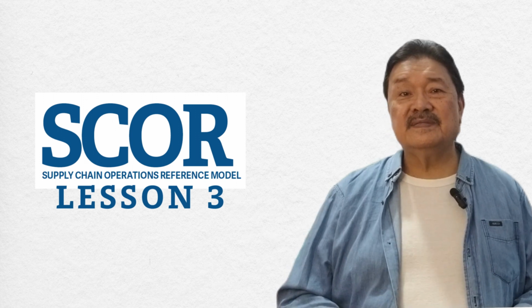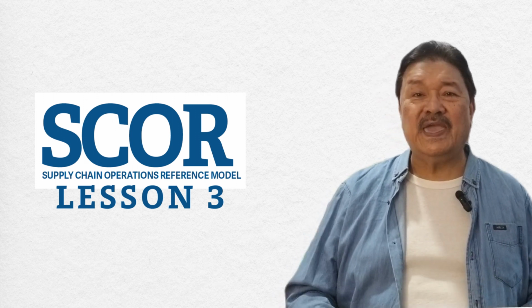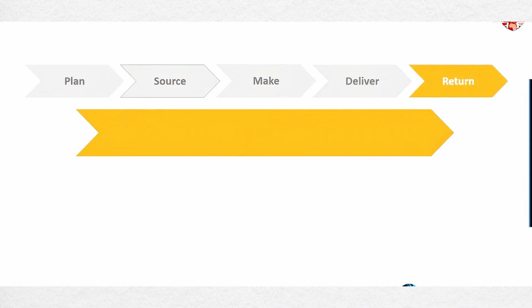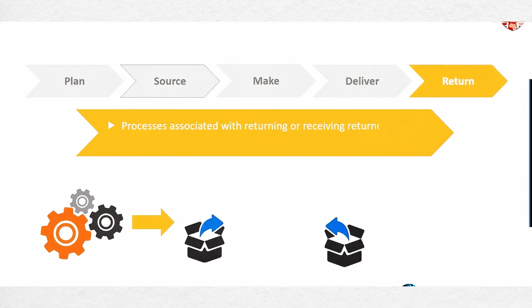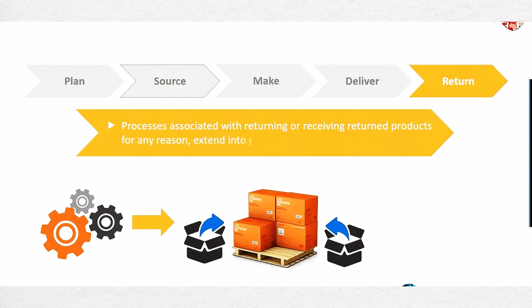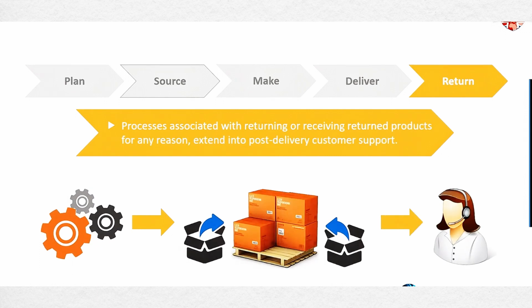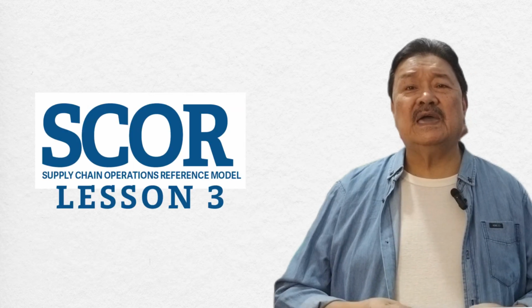Return processes describe the activities associated with the reverse flow of goods. Now, these activities encompass identification of returns, disposition, decision making, scheduling of the return and shipment, as well as receipt of the returned goods.